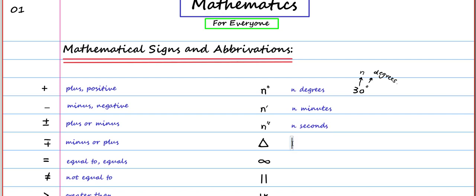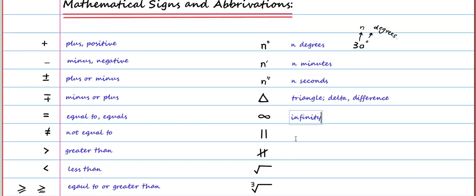What does this mean? This either means triangle or delta, or it also shows the difference of anything. What is the next symbol? This symbol means infinity, right?